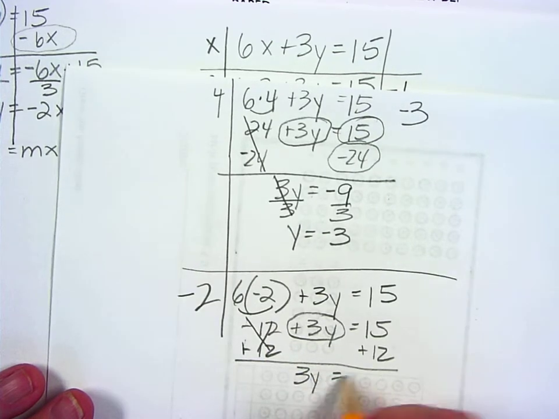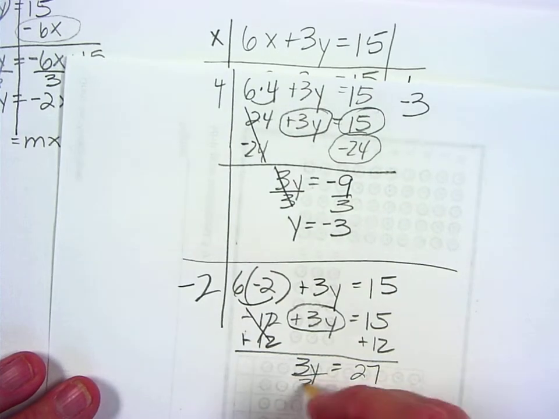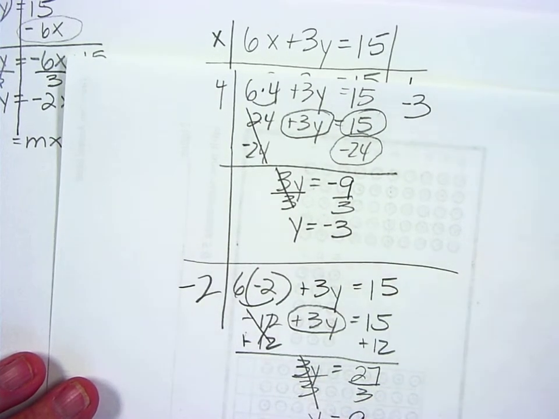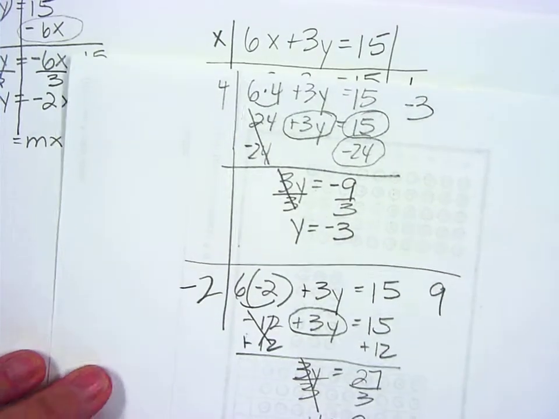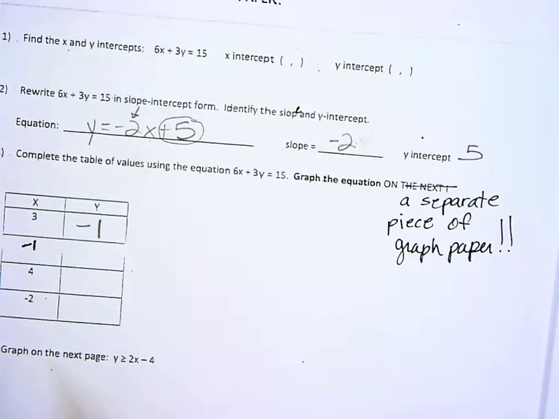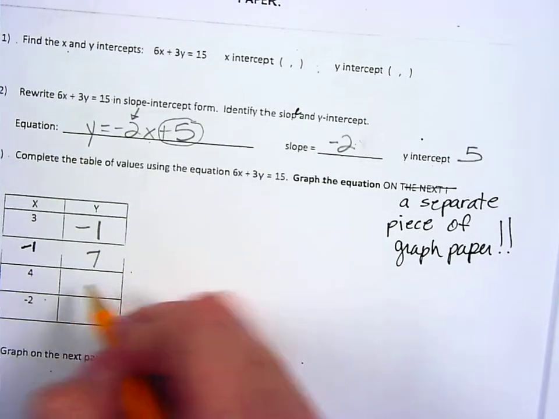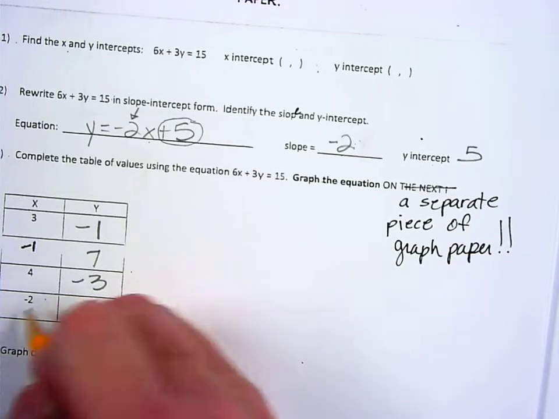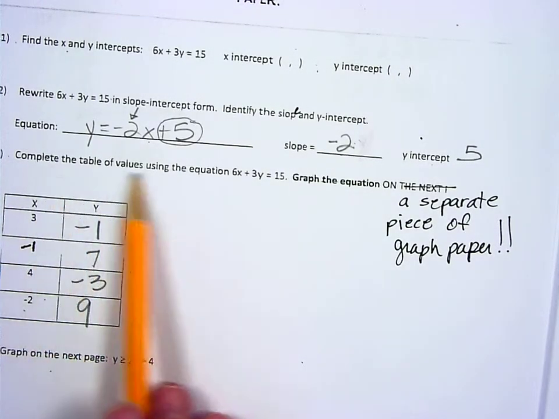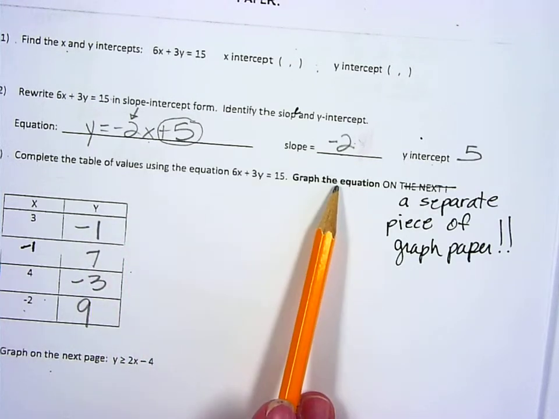These are all positive, so I add them and I get 27. Divide by 3 and we get y equals 9. So my 4 points were (3, negative 1), (negative 1, 7), (4, negative 3), and (negative 2, 9). And now it says complete the table and graph the equation.